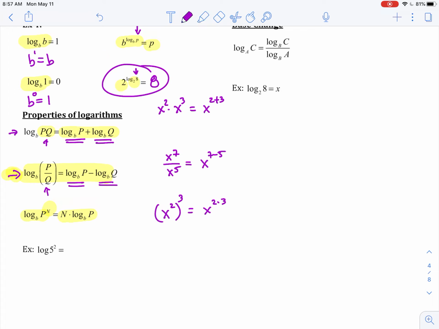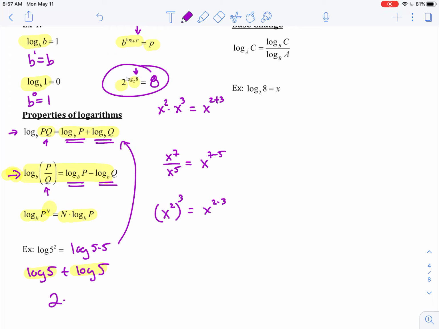If I had the log of 5 squared, I know that that's the same thing as the log of 5 times 5. And the log of 5 times 5, single log product, is the same thing as the log of 5 plus the log of 5, which tells me I have one of these plus another of those.